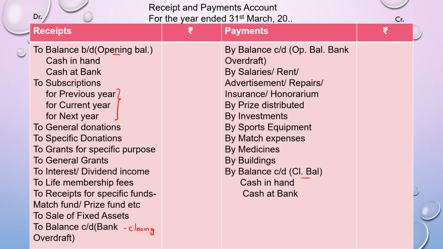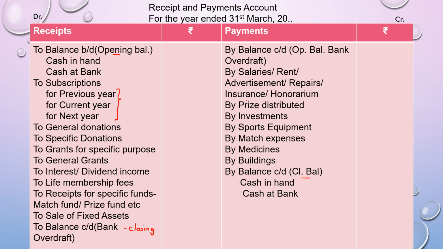Then you would have several expenditures of the not-for-profit organization. Like it might have certain employees, so salaries have to be paid to them. Rent might have to be paid for those properties which have been taken on rent for the purpose of carrying on operations. Advertisement is another expenditure; to advertise its activities, some expenditure might be incurred. Repairs of whatever assets it has.